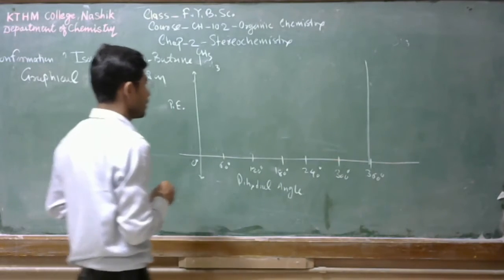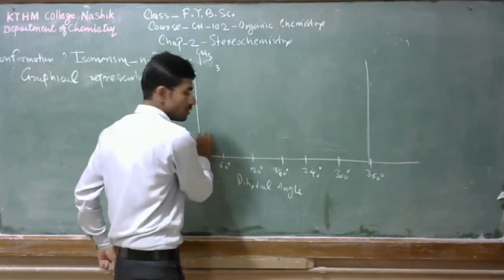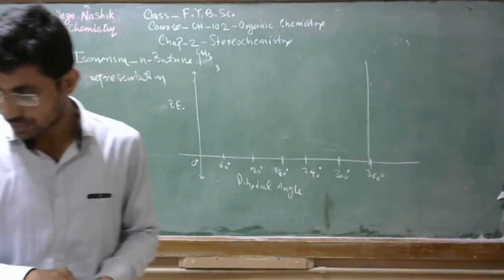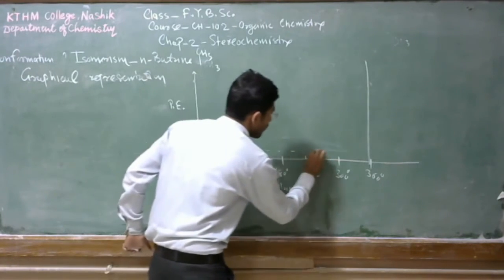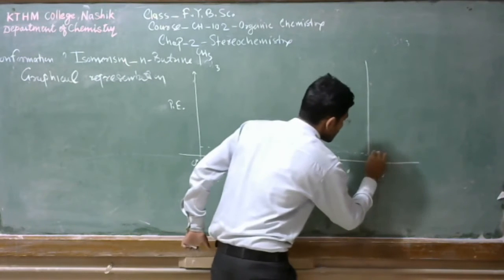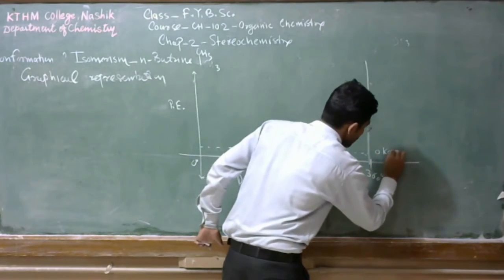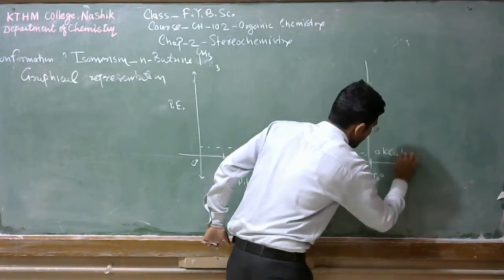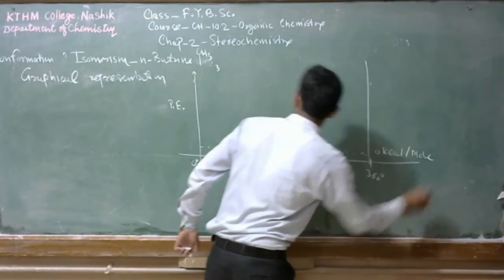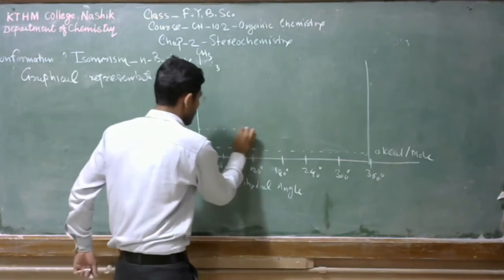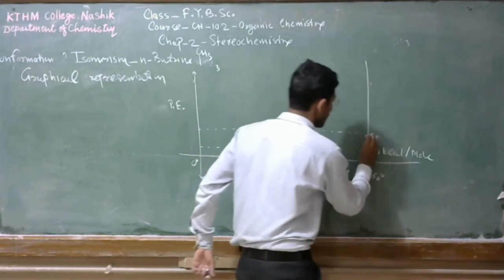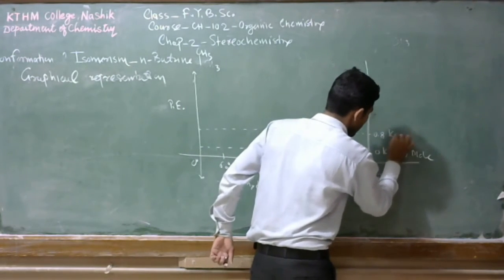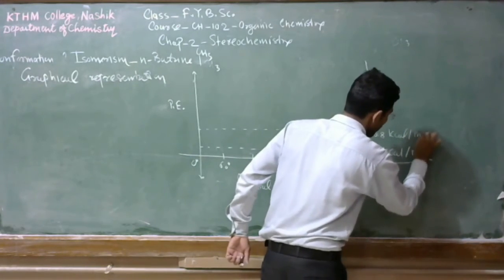We consider the energy 0 kilocalorie per mole firstly, then the second kind of energy possible in this n-butane, 0.8 kilocalorie per mole, near about 0.8.